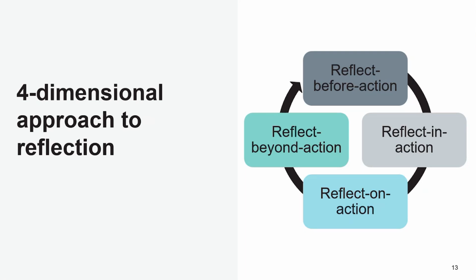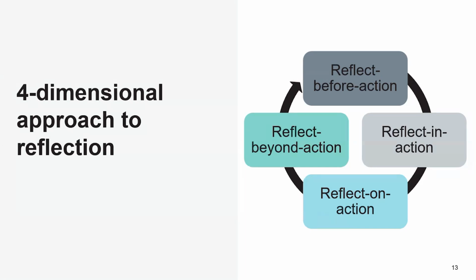It might also be for things that took you by surprise, but you reacted well to. That can be really insightful as well. As part of your reflect on action, you would refer back to how well you reflected before and in action, and what happened in those stages too.